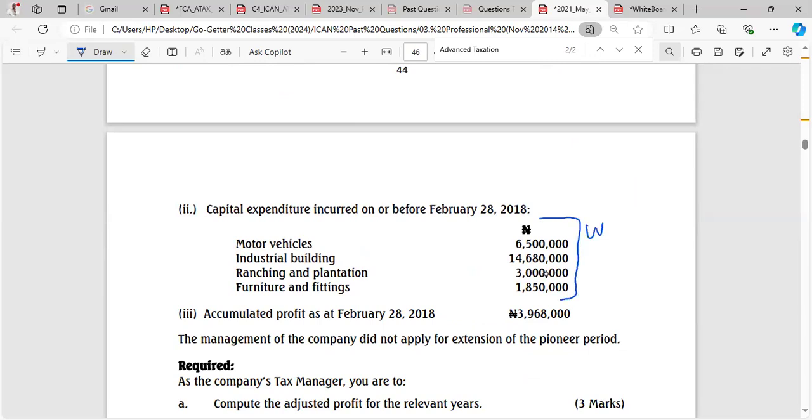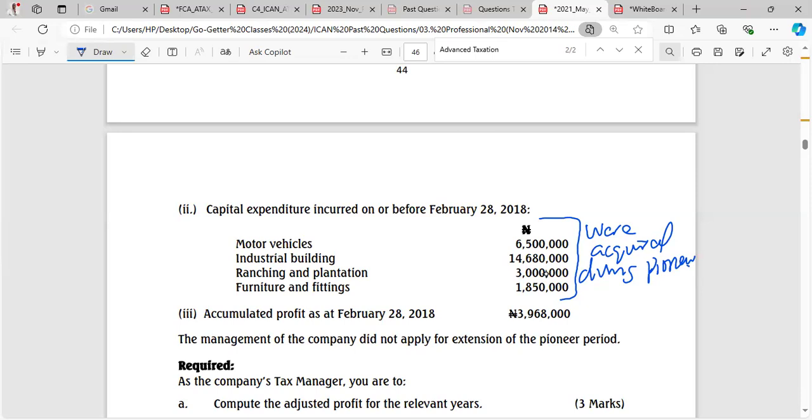were acquired during pioneer. So it means that because they were acquired during the pioneer period, you do not claim capital allowance on them.